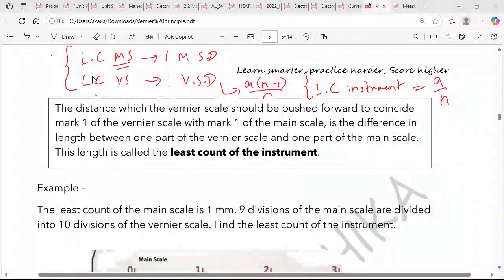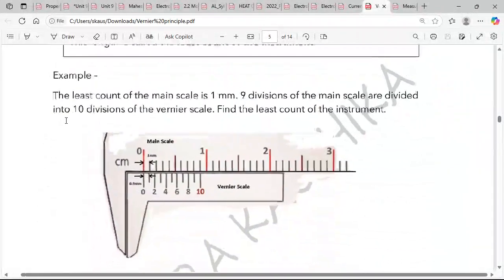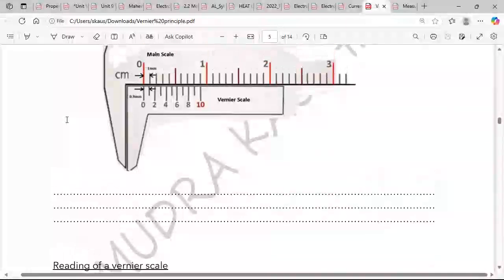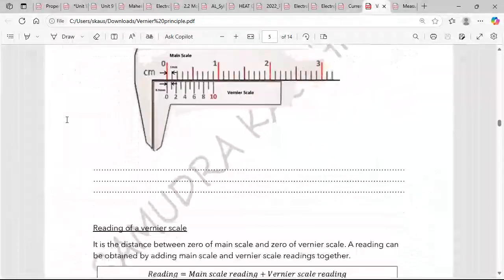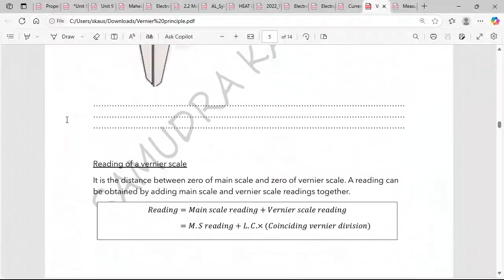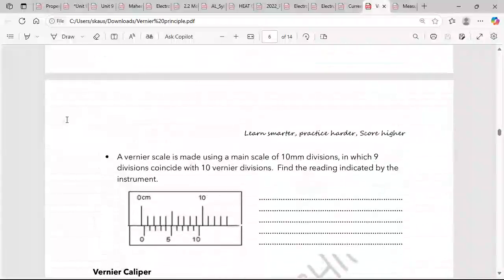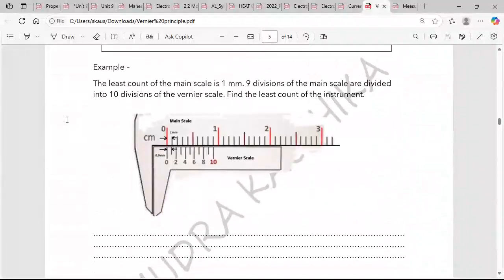Mostly we get least counts and the percentage fractional errors in structured questions. Find the least count, then we go see how we take readings using a Vernier.